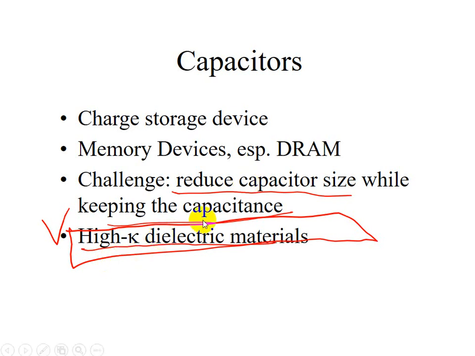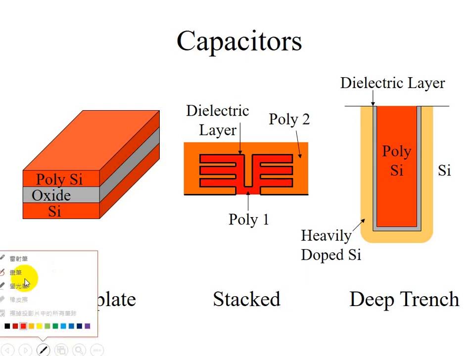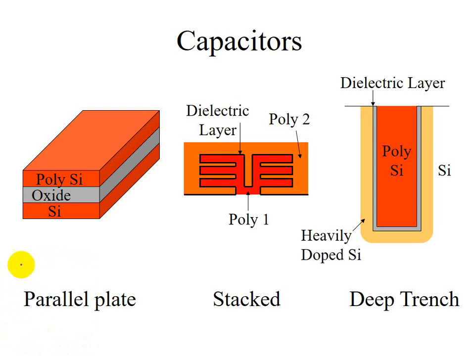And this is capacitors. Over here shows you different kinds of design of capacitors. First, this is parallel plate. This is polycrystalline silicon, and this is single crystal silicon.